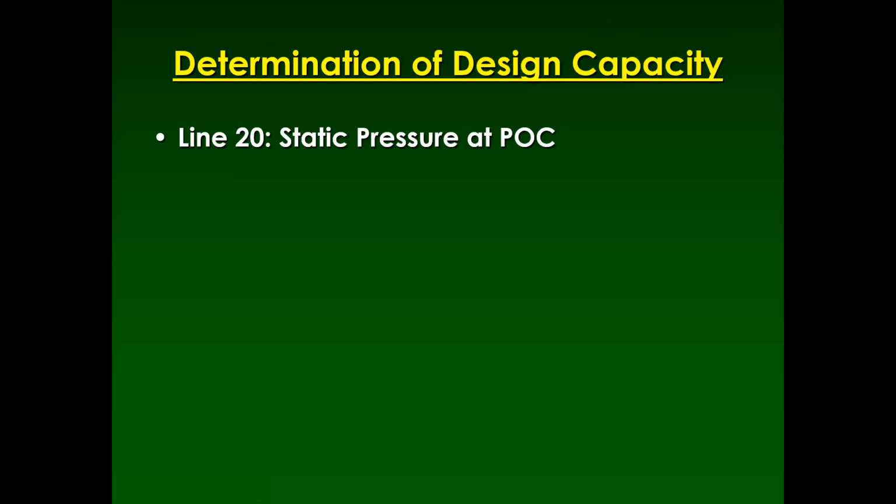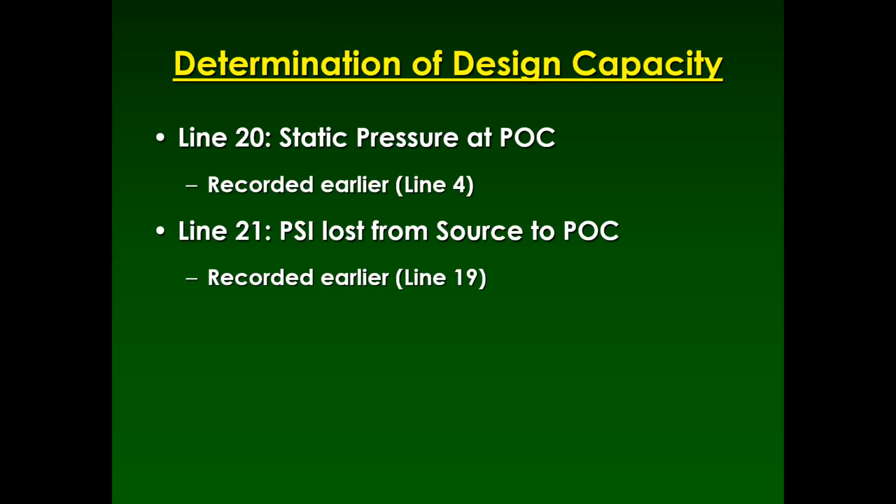So now line 20 is going to ask us the static pressure at our point of connection, and we already did that because that's basically line number 4. We're going to take line number 4 and just write it on line 20. So we're going to have 72.64 PSI, and then we're going to take line 21, which is what we just calculated on line 19, which is going to be 5.64 PSI, and then do that math.